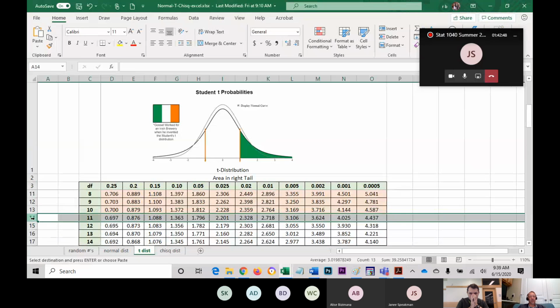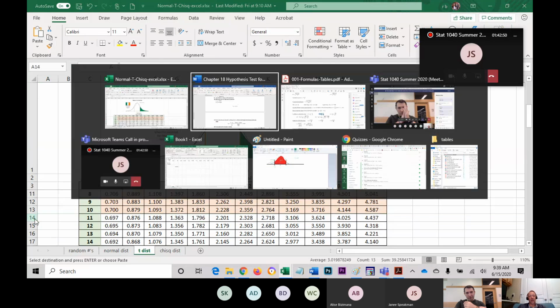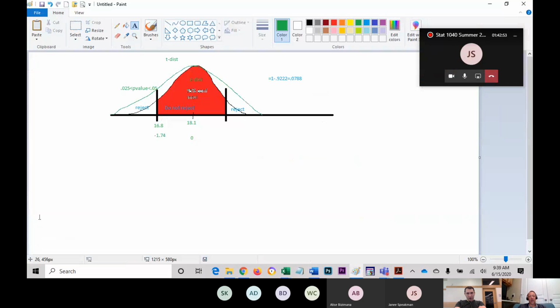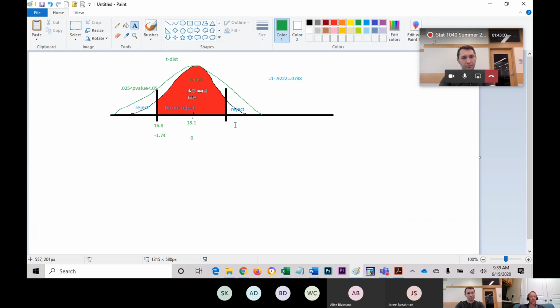One way to think about this is if I want a 95% confidence interval here in red, how much do I want in the tails? 2.5 in each tail.